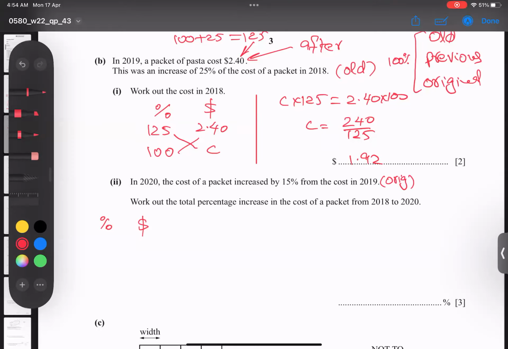So because I will deal with 19 as original now, 2019 is actually 2.40. So I'm taking here 100% equals 2.40 because this is original, and a 15% increase. So 100% means 100 plus 15. So I'm writing it now 115. And in 2020, what is the cost?